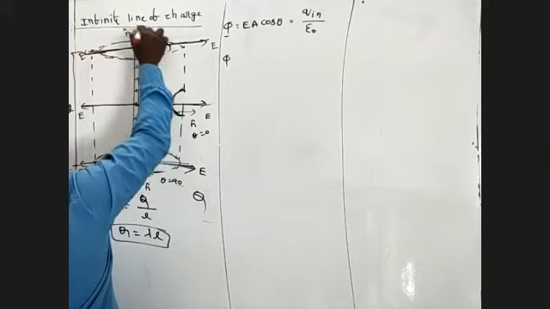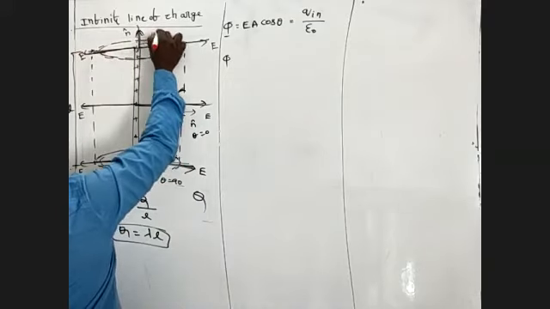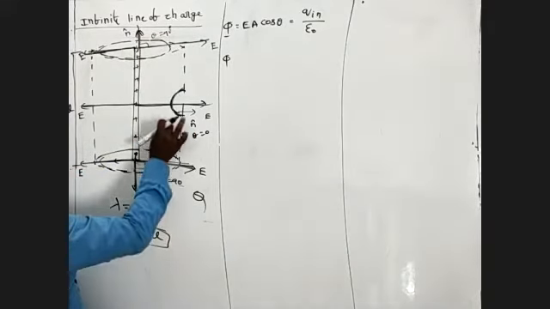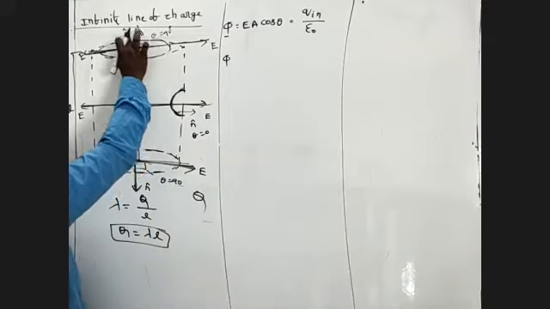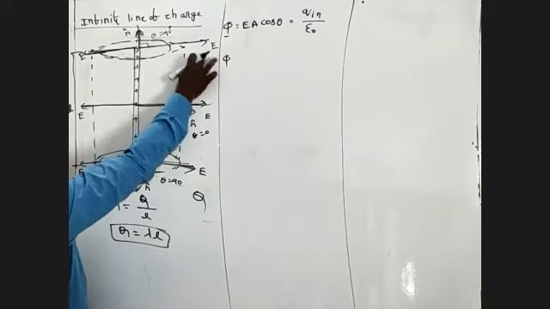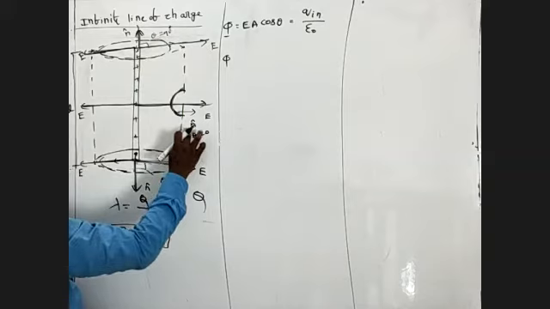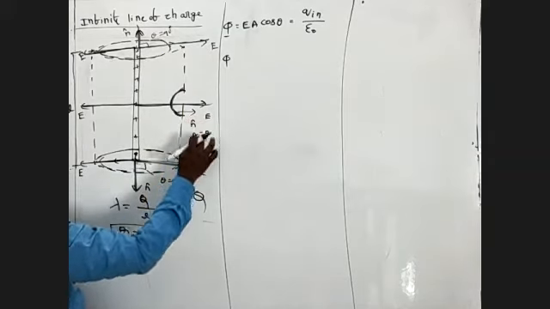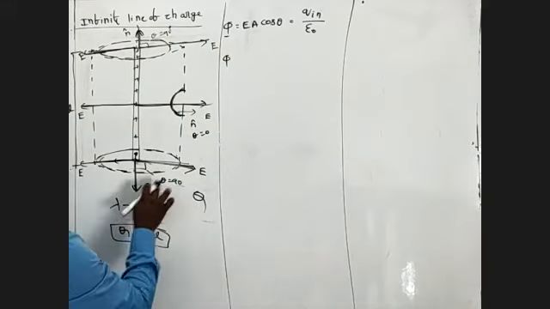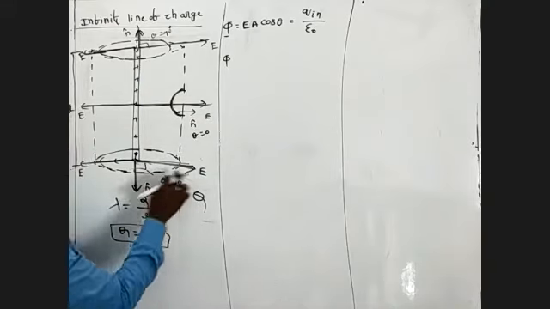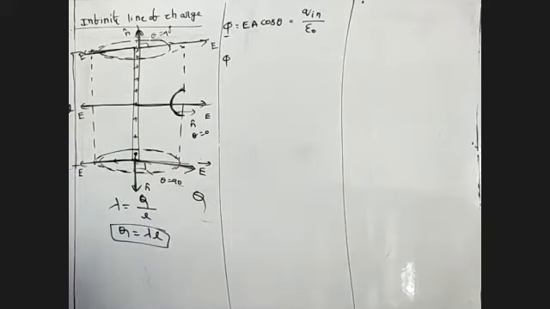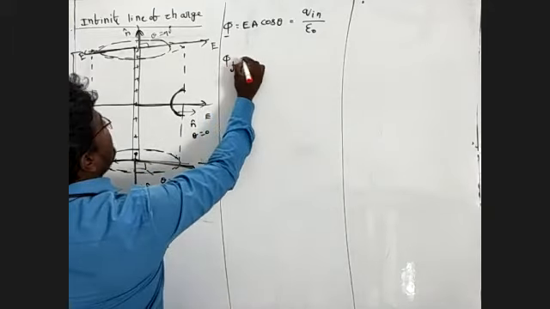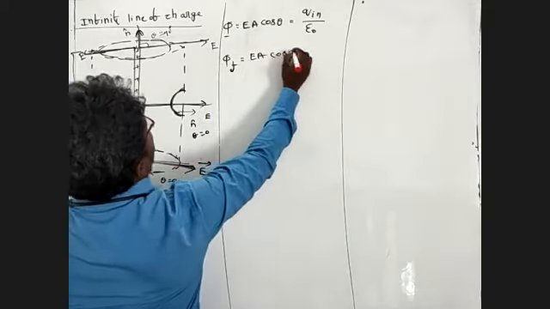The unit vector is in the outward direction. This is the E bar. Here also theta is equal to 90 degrees, so this is a flat surface. We have one flat surface, the curved surface, and one more flat surface. For the first flat surface, the flux is EA cos 90.